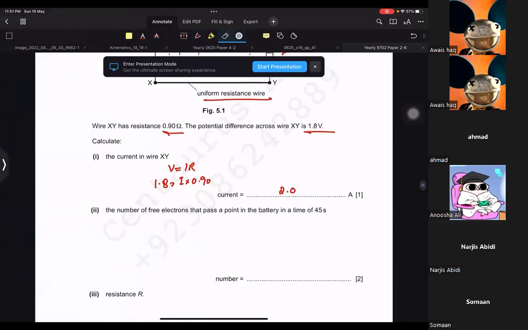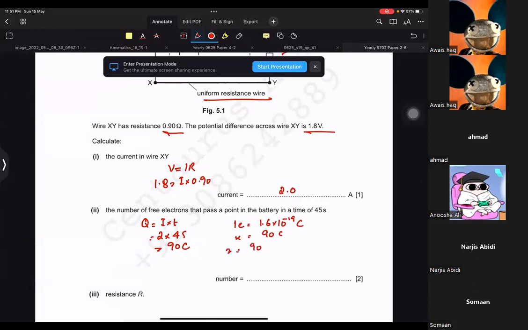Okay. The number of free electrons at a point in this. So first of all, I would find charge equals current times time. So current 45, that has to be 90 coulombs. 1 electron is 1.6 times 10 raised to minus 19. Then how many electrons will be in 90 coulombs?